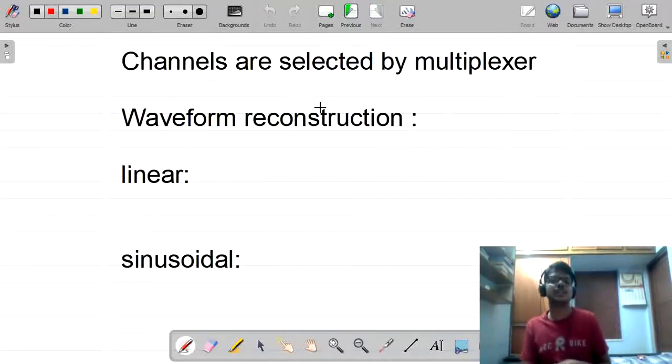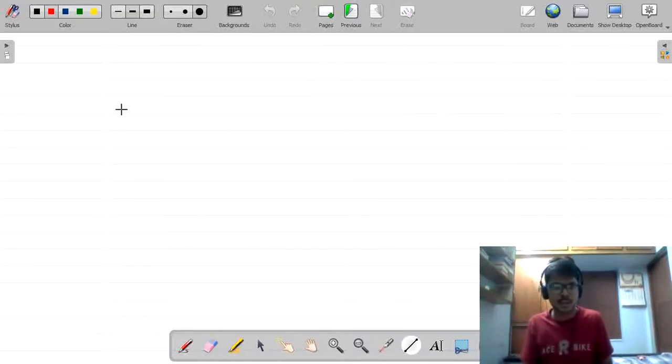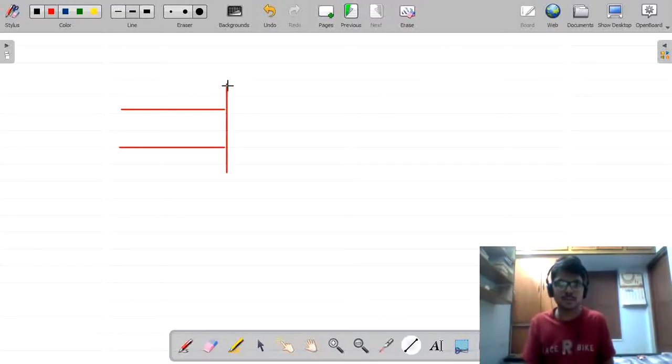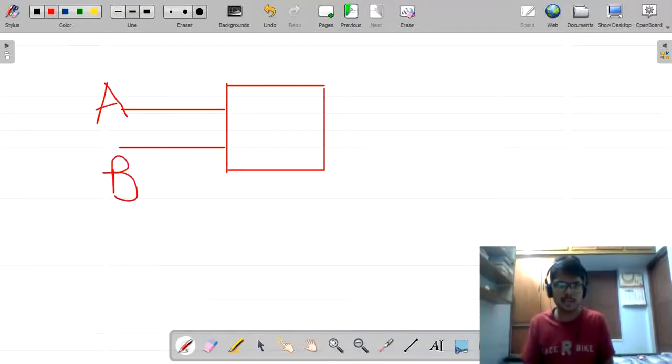Now, channels are selected by a multiplexer. Suppose we are using two channels, channel 1 and channel 2. Both channels can't be displayed at a time, right? So what we can do is use a multiplexer. It has channel A and channel B. Based upon the requirement, by using the multiplexer, select a channel.